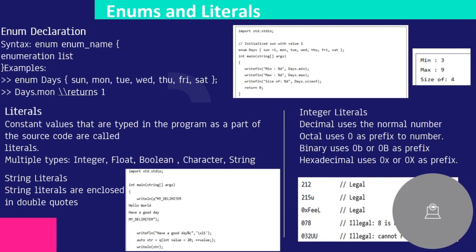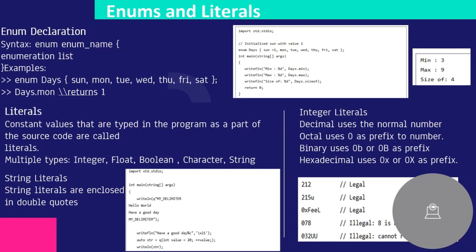You have integer literals. These come in different varieties based on their base. So, for example, you have decimal, base 10, octal, base 8, binary, base 2, and hexadecimal, base 16. A standard decimal integer is written as, for example, 212. Octal uses the 0 prefix, and it will tell the compiler that this is an octal number.